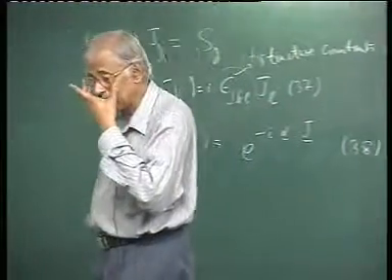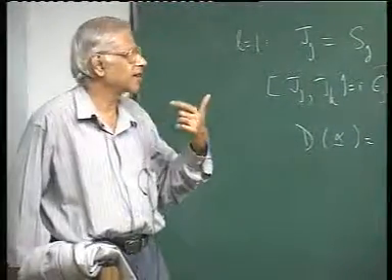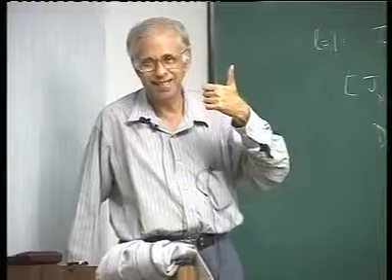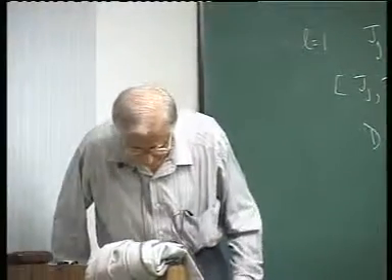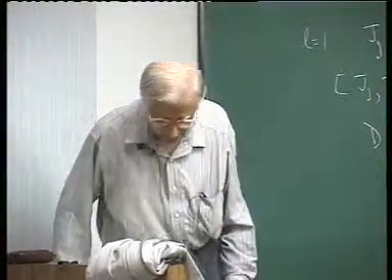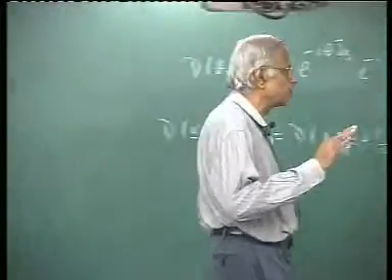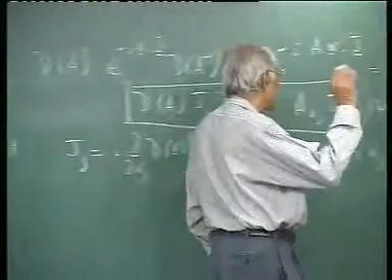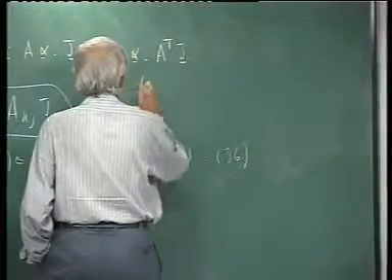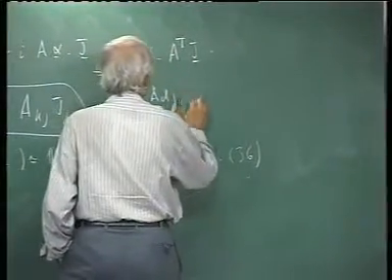The generators always belong to what? The defining representation. So the defining representation is the representation to which generators always belong, whatever representation you are talking of. So that has a special name.